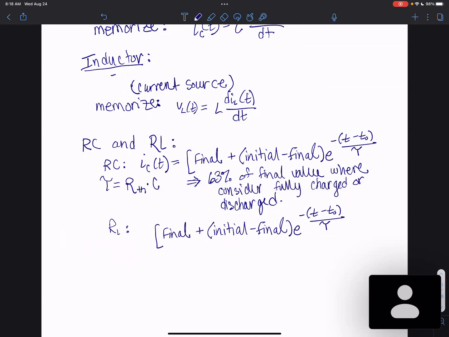It's just this time it's going to be the final plus the initial minus the final, e to the minus t0 over tau. And in this case, tau is L over RTH. Sorry, these are backwards, I'm tired. This is L over RTH, and this is IL.